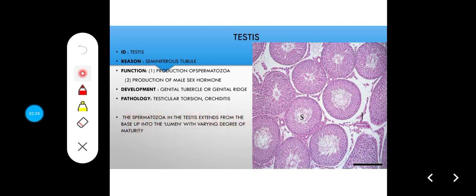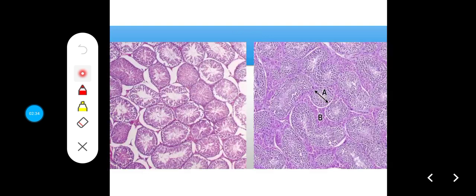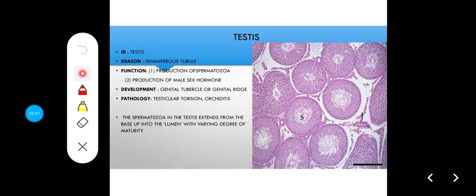So the testis is made up of basically connective tissue and seminiferous tubules. The seminiferous tubules are wrapped in an outer coat of tunica albuginea, though we can't really appreciate it here.